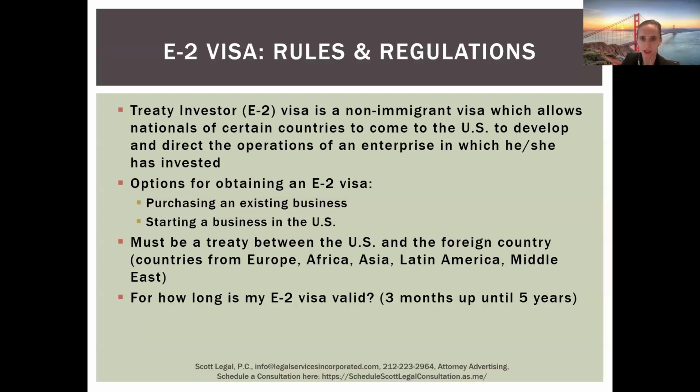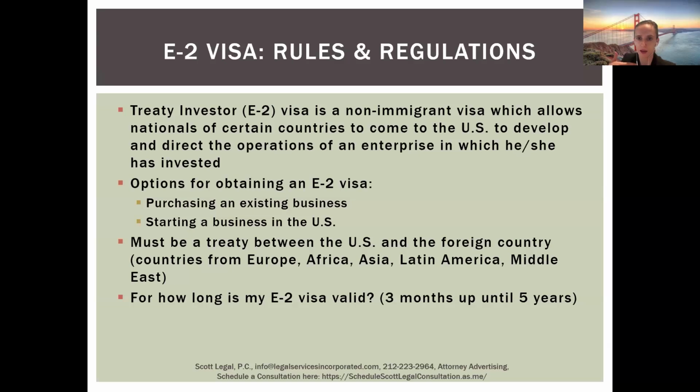What is important here is the country of your nationality. So let's say, for example, that you were born in India or China. These countries unfortunately are not E-2 visa treaty countries, but later in your life you obtain another citizenship.